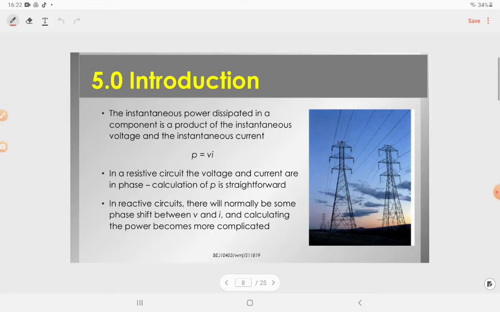A reactive circuit means this circuit involves inductors and also capacitors. Therefore, in this AC analysis, we now involve complex power.